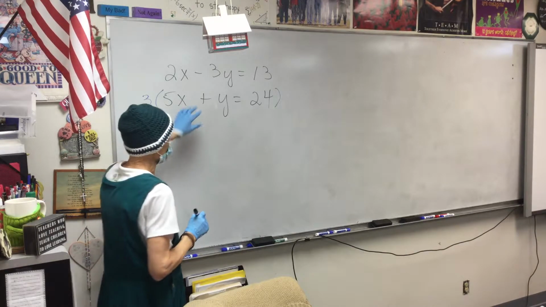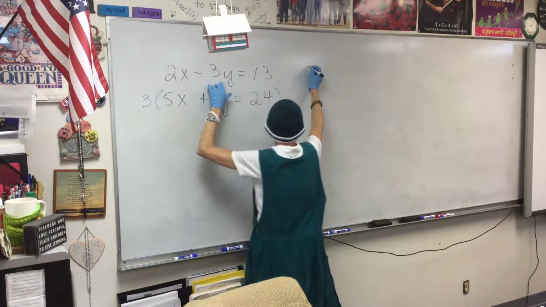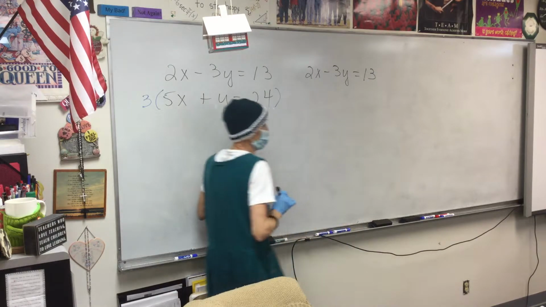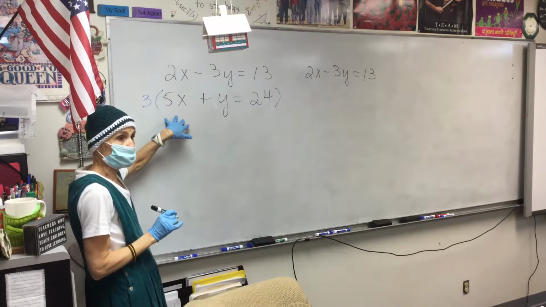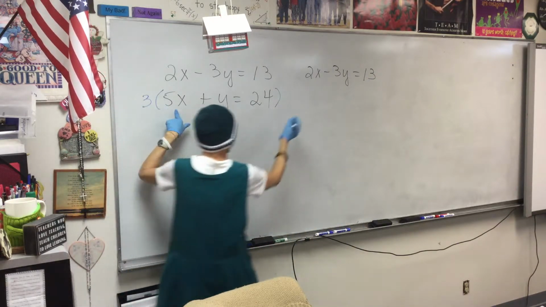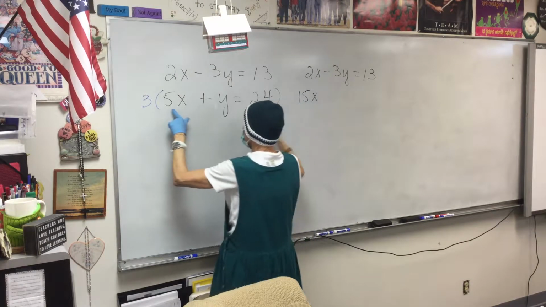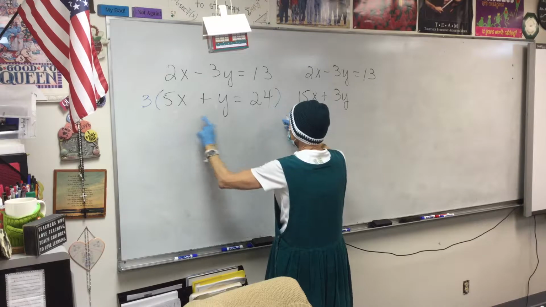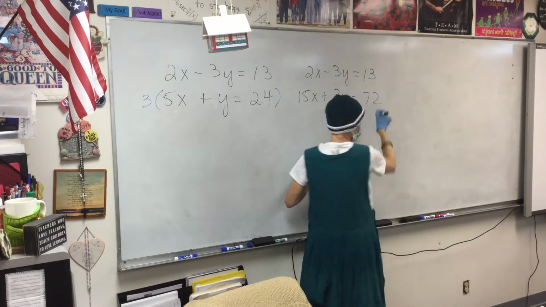Let's look and see what happens. Our top equation stays the same. What would this equation become? 15x plus 3y equals 72.